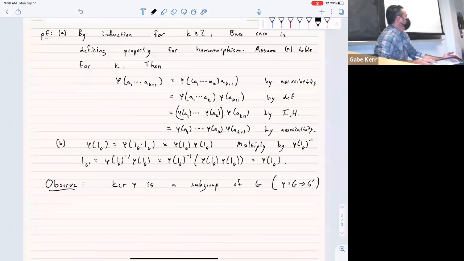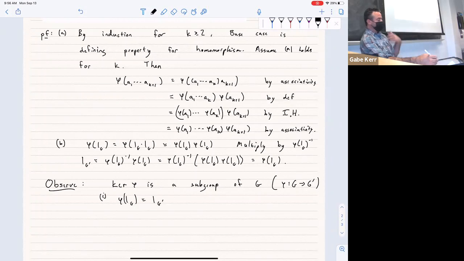What do you need to verify? You need to verify three things to say something's a subgroup. First, the identity is in it. Certainly 1G is, as we just saw: phi of 1G is equal to 1G prime. The kernel is the set of all elements sent to the identity, so the identity is sent to the identity. That's part B, which we just proved. Second, you show that inverses are in it.